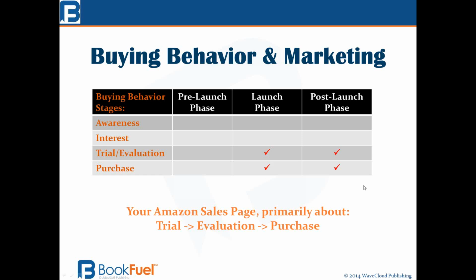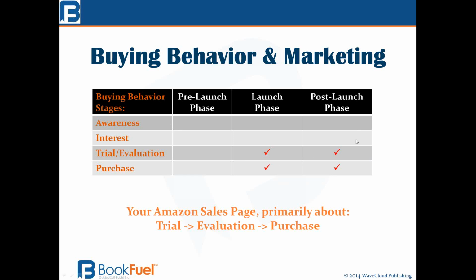So today, all the stuff we're going to talk about is in the realm of buying behavior, which of course starts with awareness. People become aware of your book or aware of your brand as a writer. They become interested in what you have to say or what you've written. Then they either do a trial of it, or they evaluate it, or they look at how somebody else has tried it and evaluated it, and then hopefully they purchase.